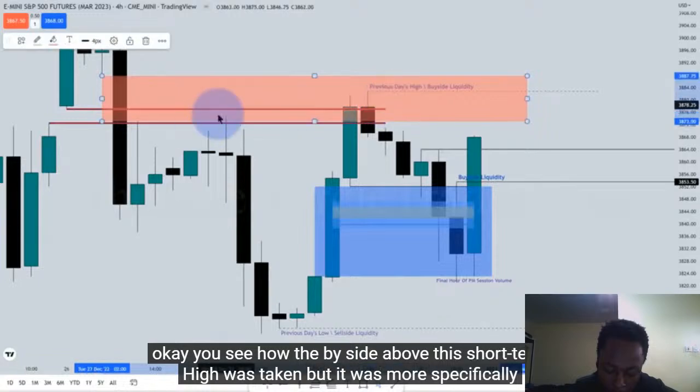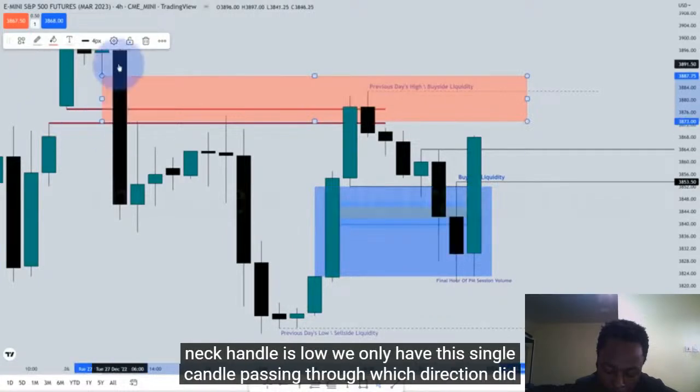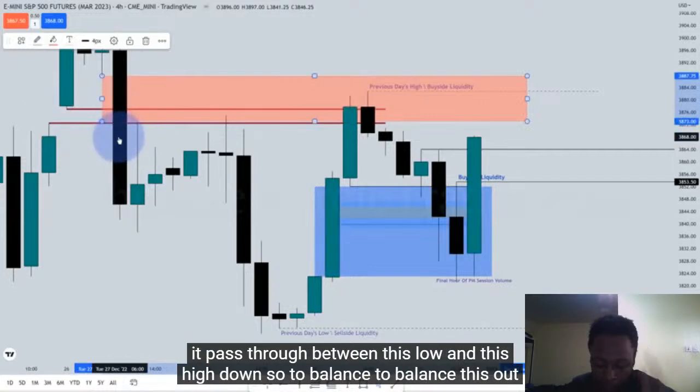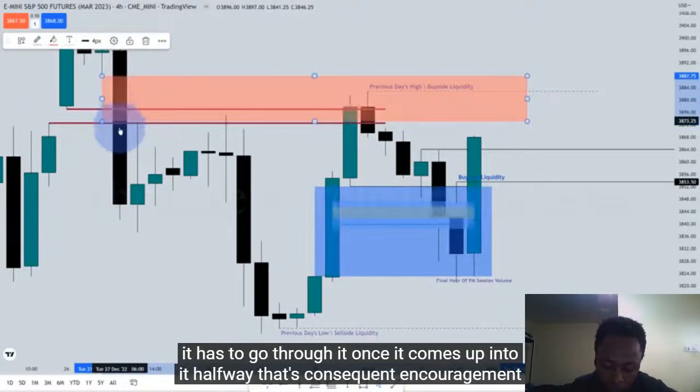Okay, you see how the buy cycle above this short-term high was taken, but it was more specifically aiming for that liquidity void. Why? What had to happen there? In between this candle's high and that candle's low, we only have this single candle passing through. Which direction did it pass through between this low and this high? Down. So to balance this out, it has to go through it once.